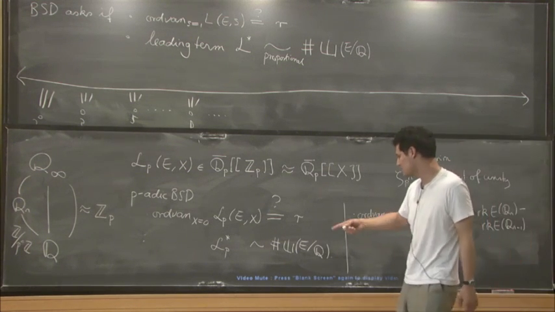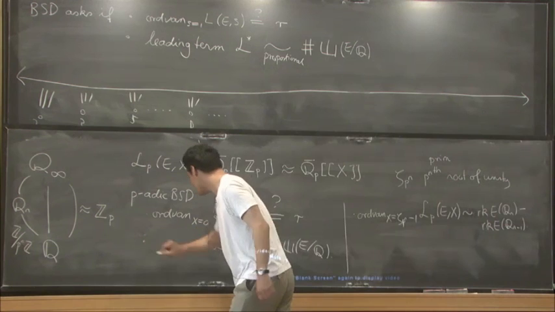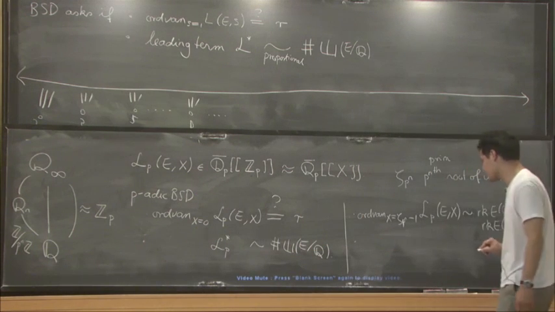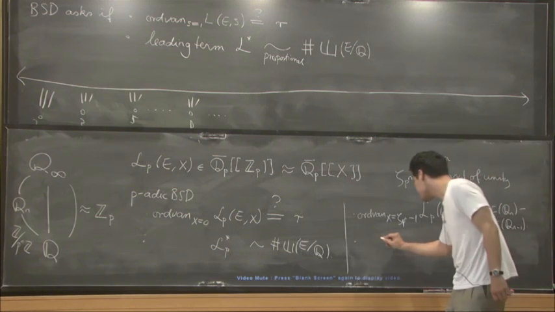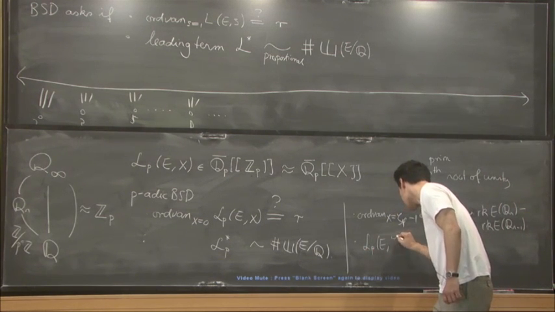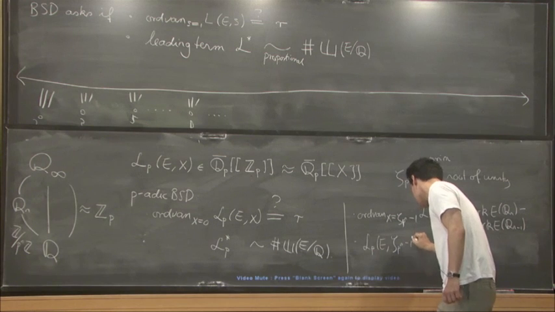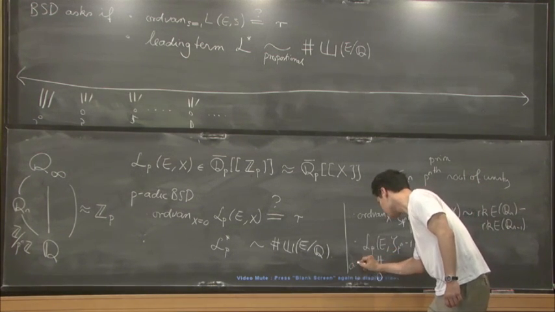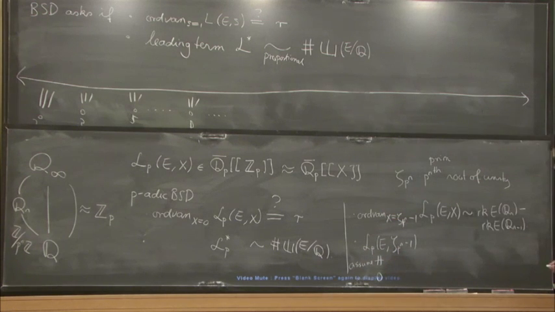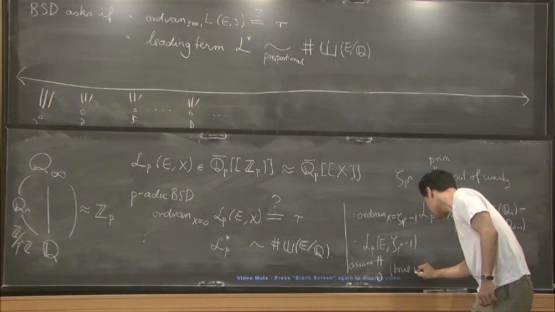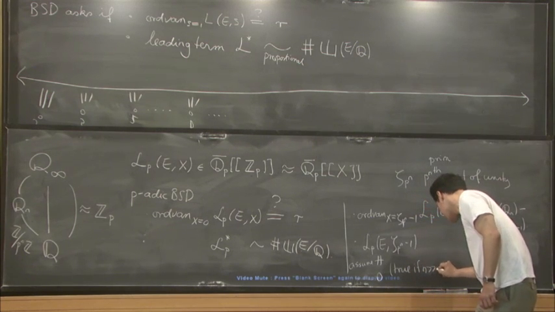And this part is a little bit more subtle. So let's assume that L_p does not vanish at zeta_{p^n} minus 1. Then, so this is true for sufficiently large n.